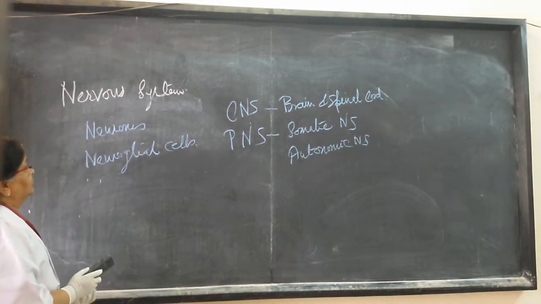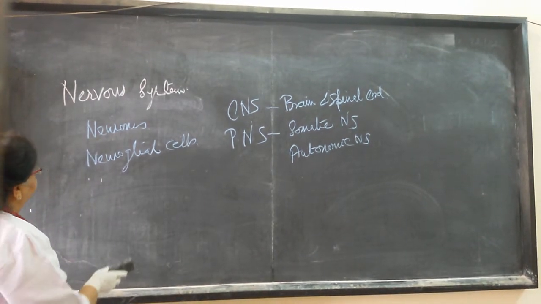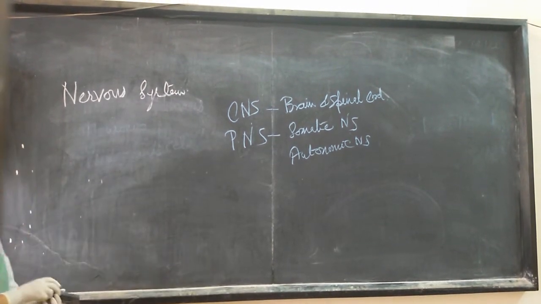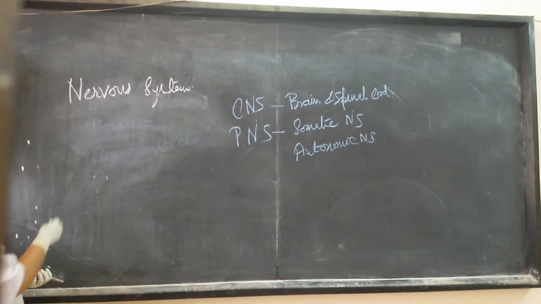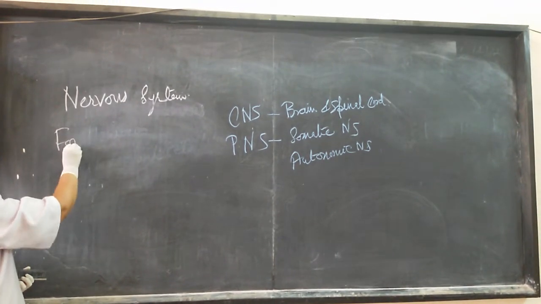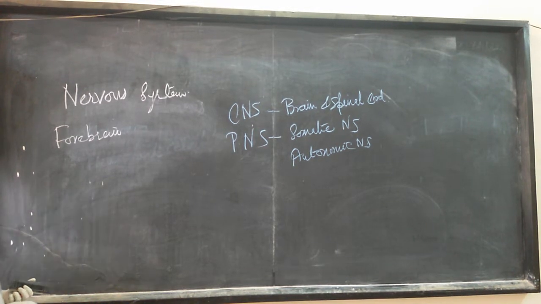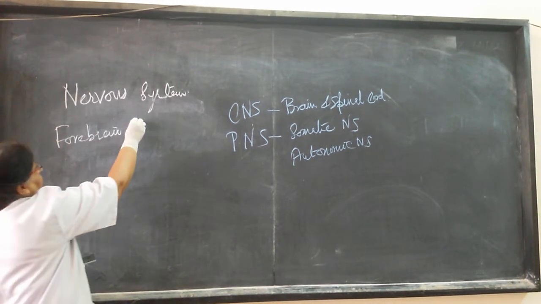The brain has been further classified into three groups. The forebrain, also known as prosencephalon.